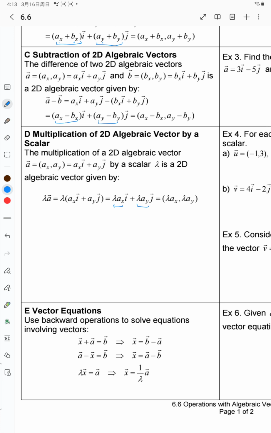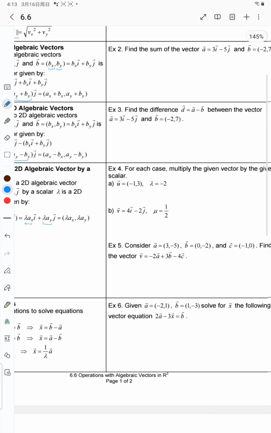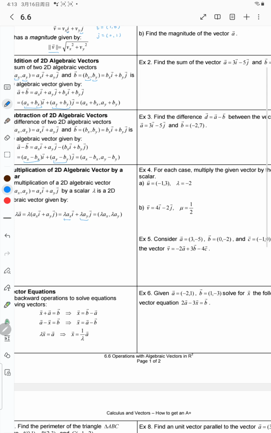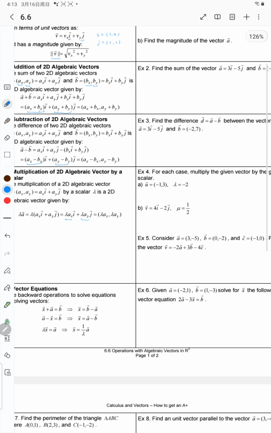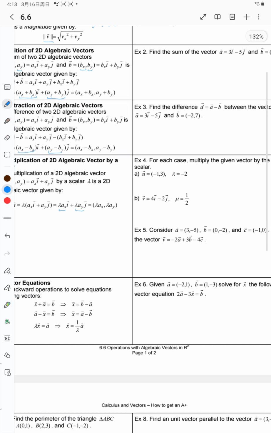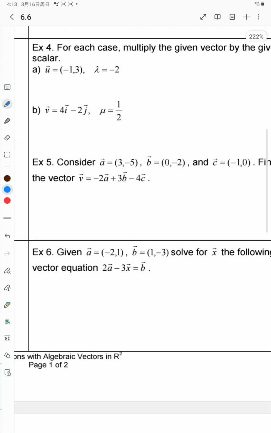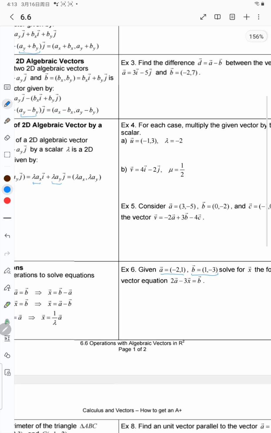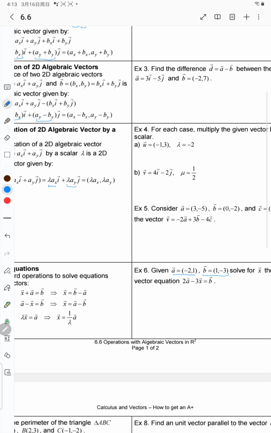Let's see. I think we can illustrate this using an example. Example 6. Given a and b here, solve for x the following equations, right? I think it's nothing but plugging in the vectors that we know here, a and b. It's nothing but the usual equations that we know, only we set up the equation coordinate-wise, right?